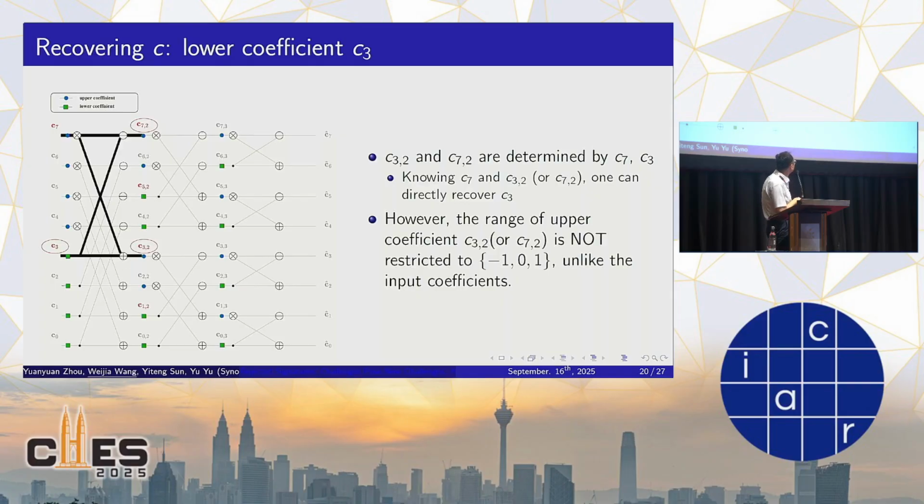If we know c7, c3^2 and c7^2, we can directly recover c3. But the bad news is that we also cannot directly recover the values of c7^2 and c3^2, because the range of these upper coefficients is not restricted to -1, 0, and 1, unlike the input coefficients.